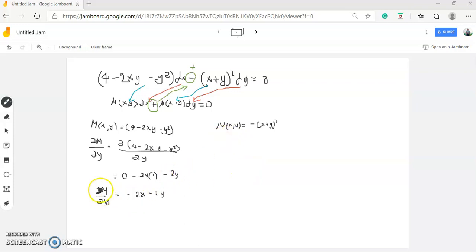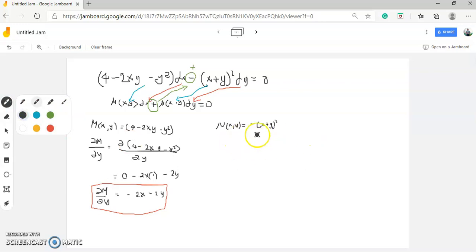From here, we already arrive with our partial of M. So from here, we'll get our N. So we'll extract this one first. We have negative x squared minus this one. So x times x, that is xy. Y times x, that is xy.